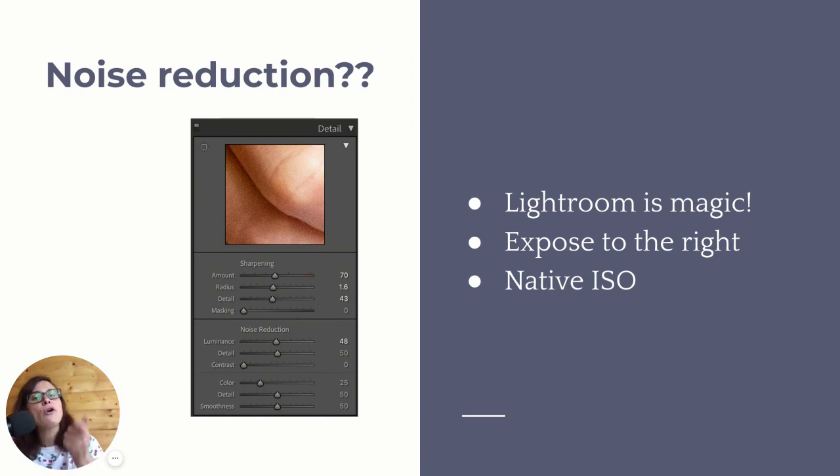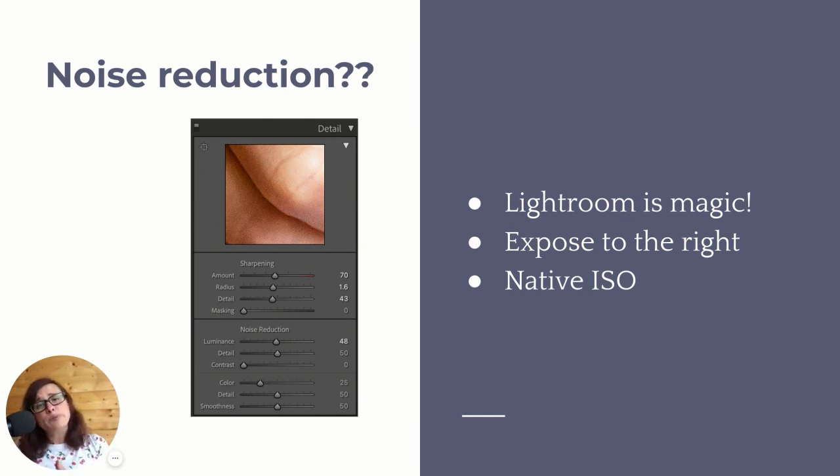Because when you're overexposing, your pixels are capturing a lot of information from your scene. Then when you bring down the exposure in Lightroom, you're simply getting rid of some of that information, therefore making that signal smoother, therefore not getting any noise.